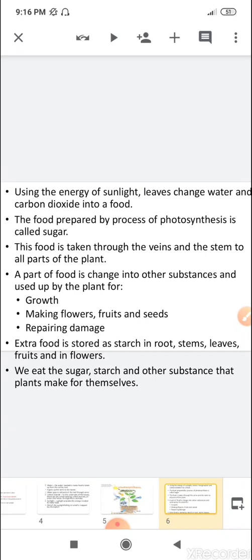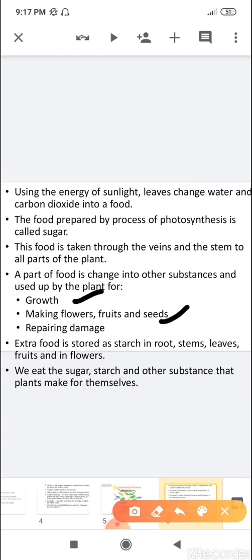A part of the food is changed into other substances and used up by the plant for growth, making flowers, fruits and seeds, and repairing damage.